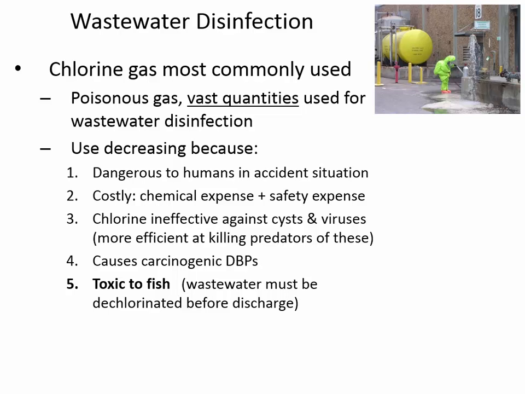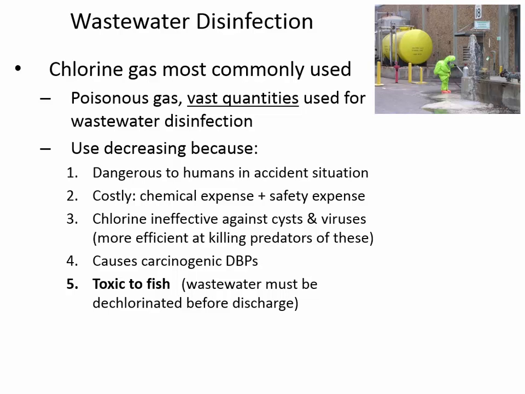The people who work at the treatment plant have to be specially trained to deal with a breach of a chlorine cylinder. So a lot of people don't want to have to worry about the planning and the upkeep of all that risk, and so people are starting to move away from chlorine. It's dangerous, it's costly. The chemical itself is relatively cheap, but what's expensive is the training and the insurance that has to go with the safety risk and so on.